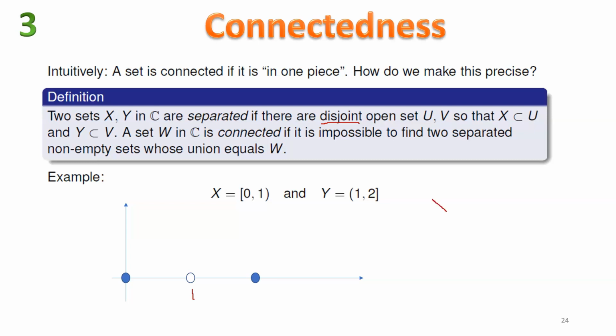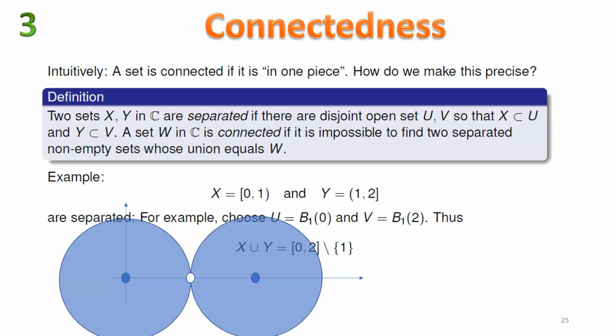So the intersection of X and Y is definitely an empty set that contains no point. So we are following the definition. So this is disjoint at 1, and there is nothing common in between.